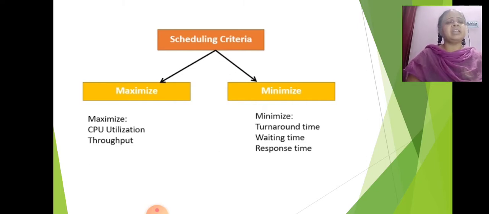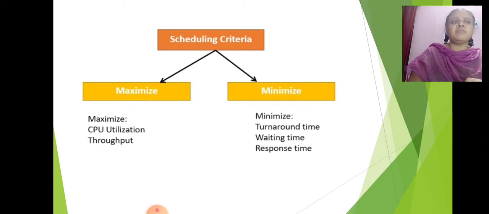What are the criteria? First is CPU utilization. We want to keep the CPU as busy as possible. Conceptually, CPU utilization can range between 0 to 100%. In a real system, it should range from 40% to 90%. Throughput. What is throughput? If the CPU is busy executing processes, work is being done.